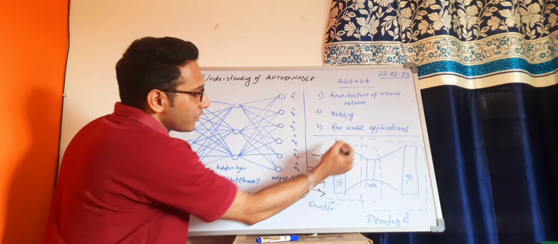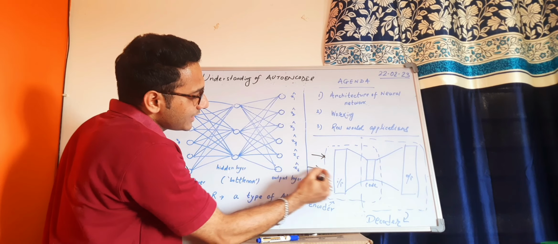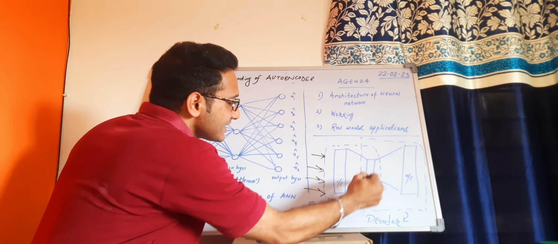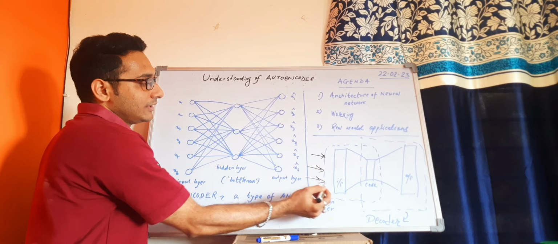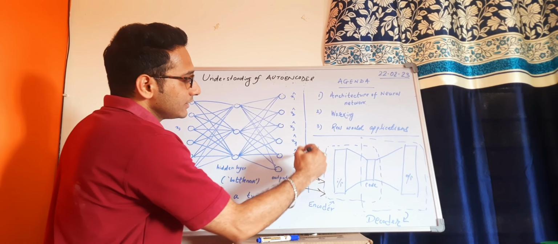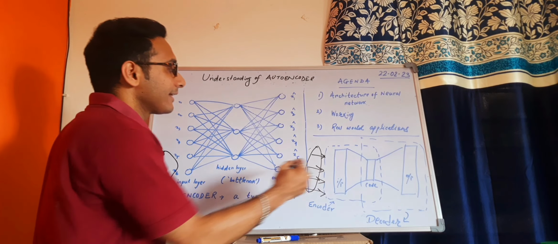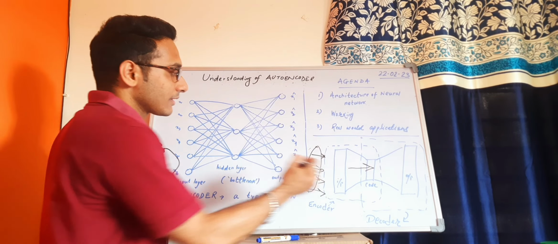In this block the input layer is placed. So the outside world data is inputted in this layer. So what is this encoder block doing here? We have to understand this. Encoder is actually converting this high dimensional data into some representation.